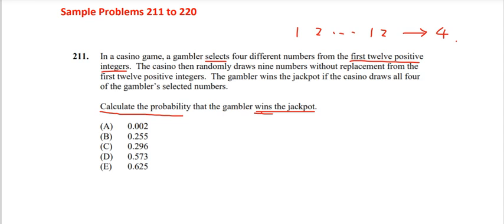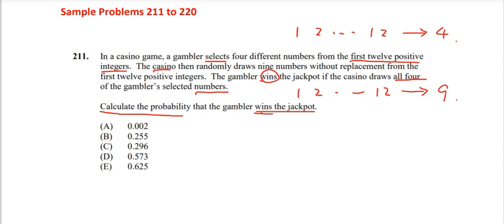Then the casino will pick 9 numbers. So the casino just picks 9 numbers from 12. The gambler will win if the casino draws all 4 numbers that the gambler selected.